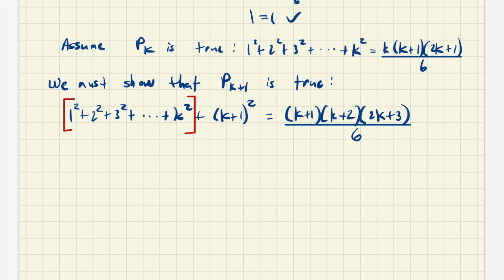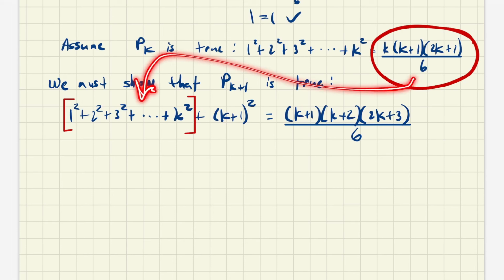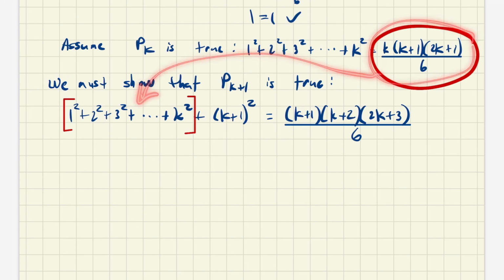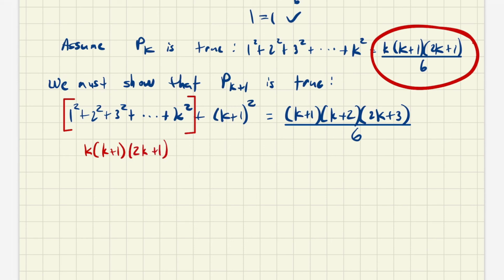So let's write that out. So now we have k plus 1, 2k plus 1 all over 6. Bring down the k plus 1 term. Write it over 1 because we need to combine these two fractions. So our goal is to make the left side equal to the right side. So let's see if we can do that.